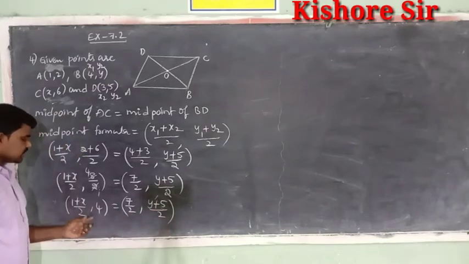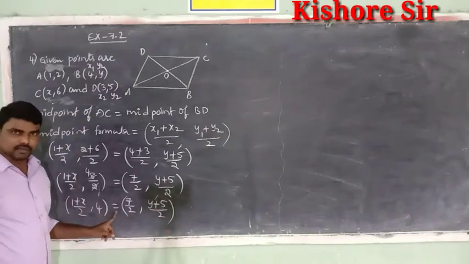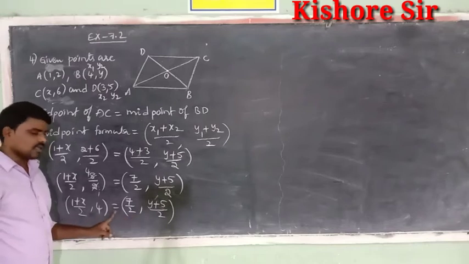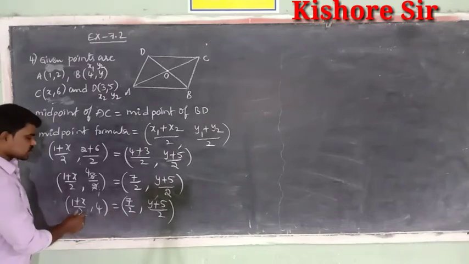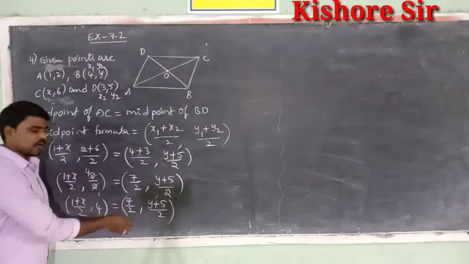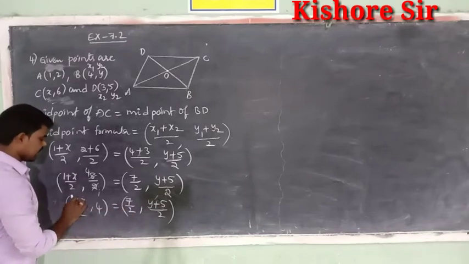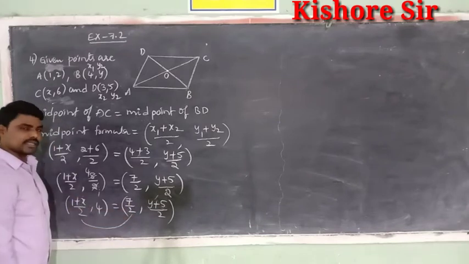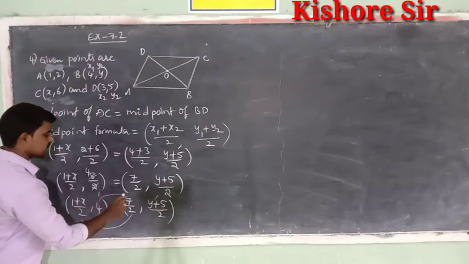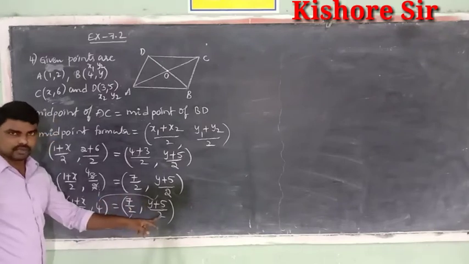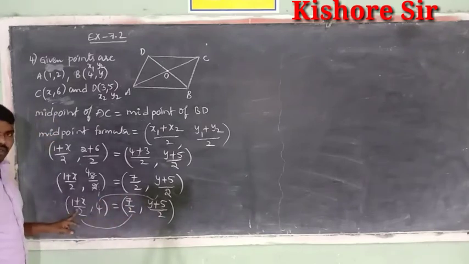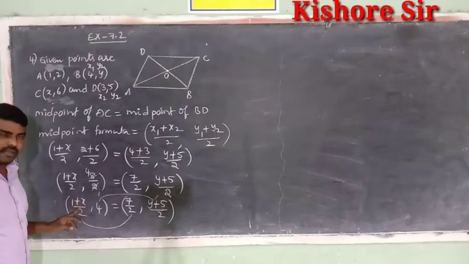See here, these 2 points are equal. So x coordinate is equal to x coordinate and y coordinate is equal to y coordinate. In LHS, the x coordinate is (1 plus x) by 2.